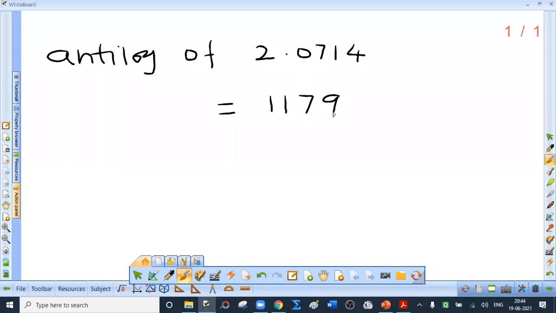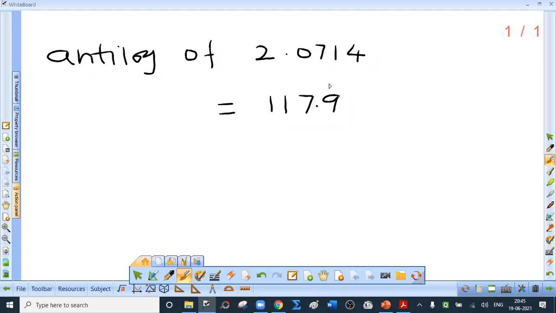Okay. Now characteristic is 2. So there must be how many? 3 digits in the integral part. So what is anti-log of 2.0714? It is 117.9. Now tell me, how will you verify this answer? Try to find log of this. It must be 2.0714. See, 117.9, its log value.